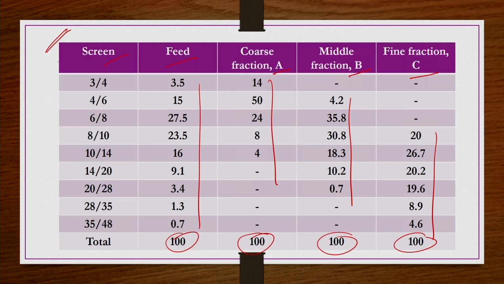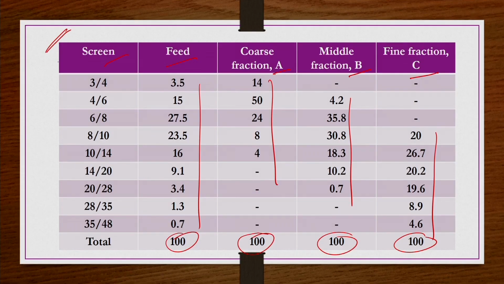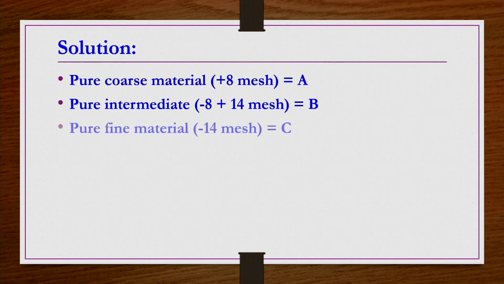So, what we do, first we take how much fine, coarse and medium material is present in the feed. Similarly, in the coarse fraction, what is the amount of fine, coarse and medium, that you take in this fraction also. Likewise, in middle and fine fractions also, all three types of materials may be there, right. So, that we are going to see now here.